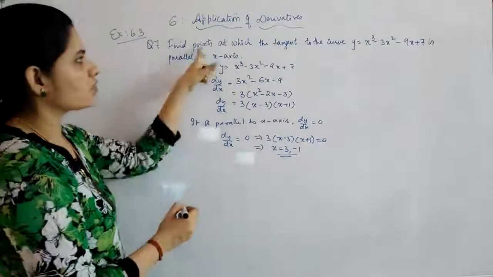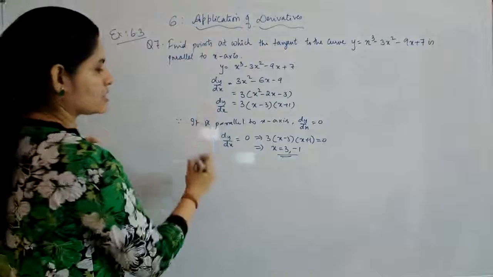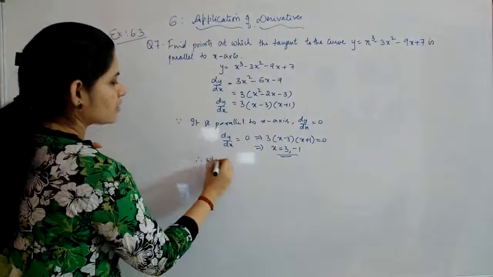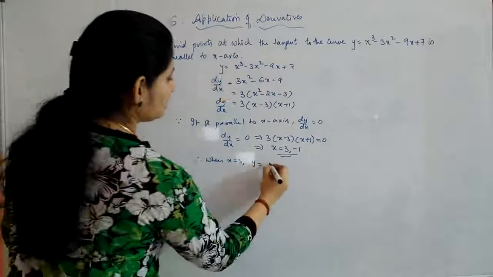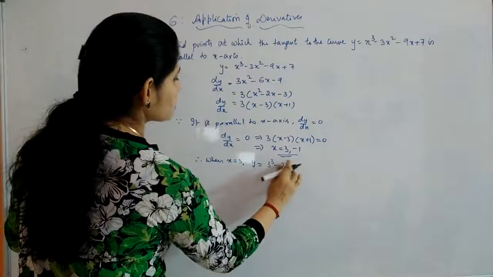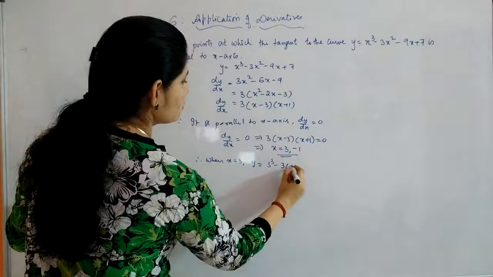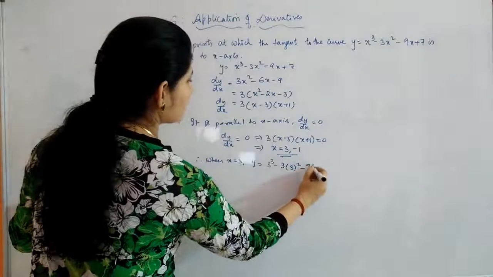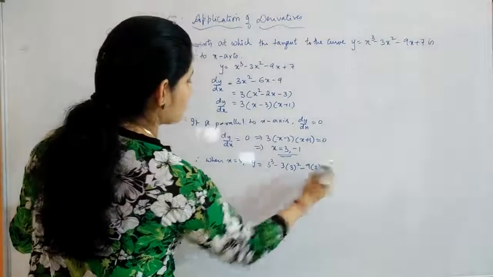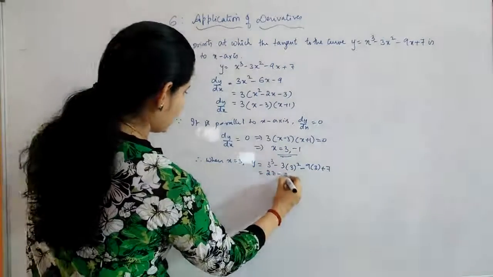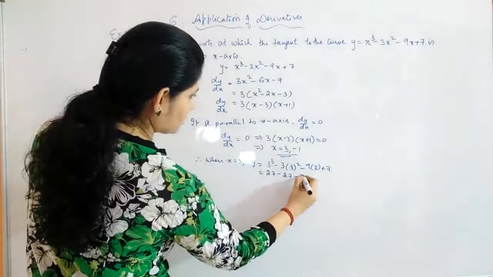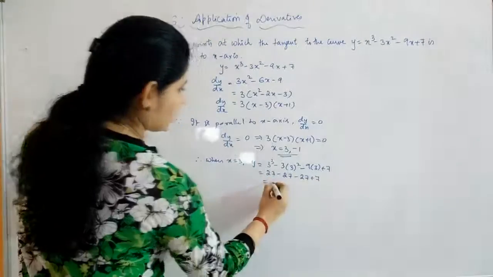You have to find the points, which means you have to find y also. Therefore, when x is equal to 3, y is equal to, replacing the value, 3 cube minus 3 into 3 square minus 9 into 3 plus 7, which gives 27 minus 27 minus 27 plus 7.